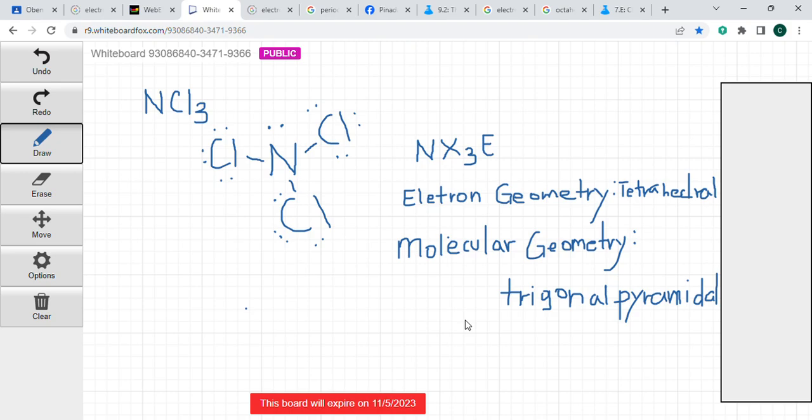So the molecular geometry is trigonal pyramidal, and trigonal pyramidal is asymmetrical.